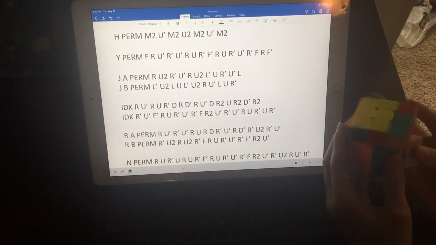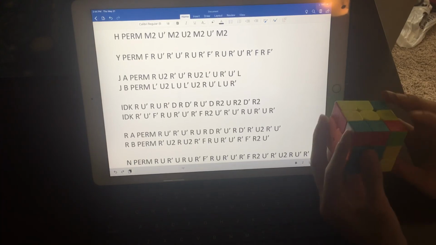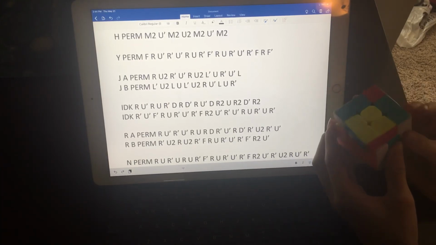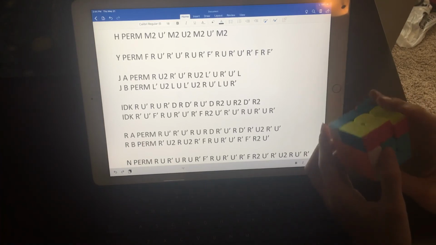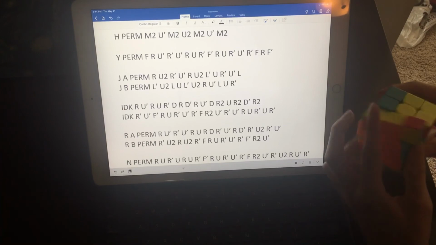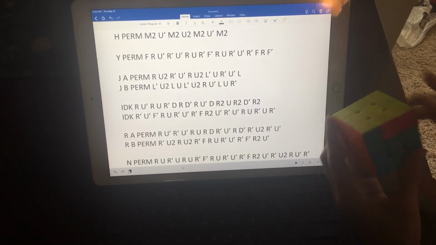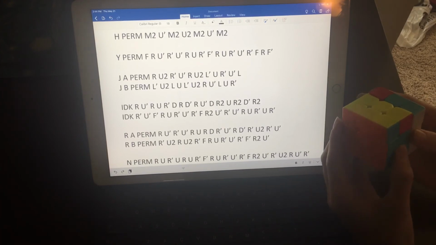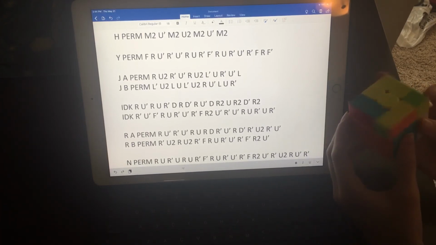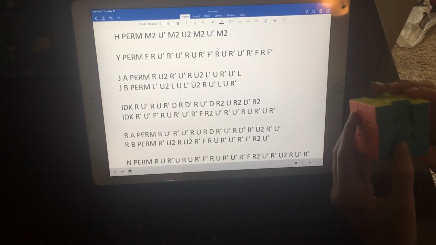R, U2, R prime, U prime, R, U2, L prime, U, R prime, U prime, L. So again, how you see it, solved side on left, these two on the back, and you do JA perm. R, U2, R prime, U prime, R, U2, L prime, U, R prime, U prime, L.